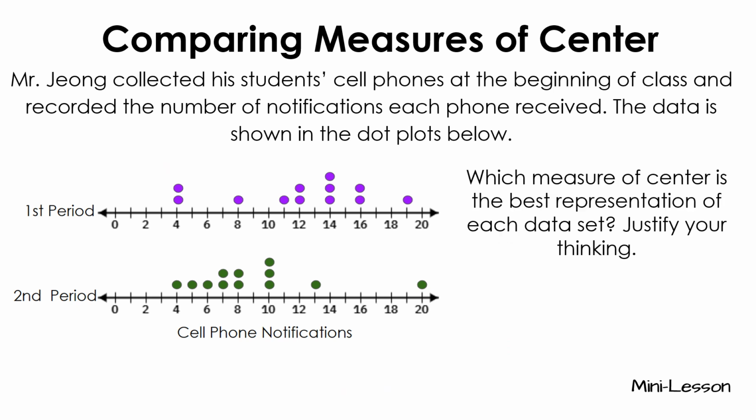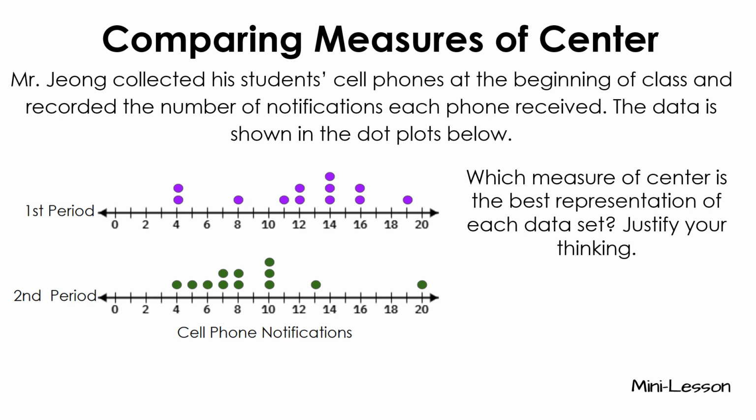And continuing with our same inferences, let's measure the center. Which measure of center is the best representative of each data set? Justify your answers. If we go back to our previous slides, we know that the mean for first period was 12, and the mean for second period was 9.